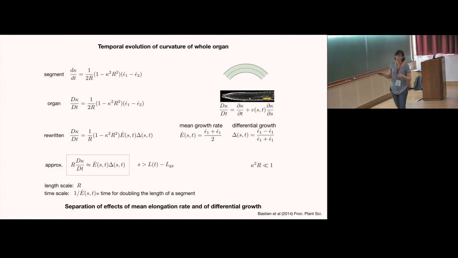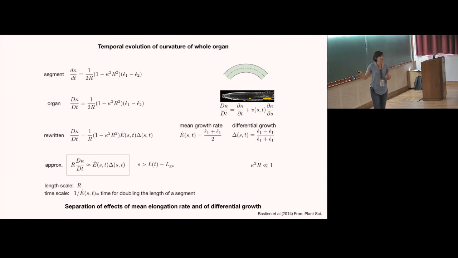So the differential growth rate tells me how different the growth rates are on the two sides. If there is no differential growth rate, so the two sides have exactly the same epsilon, it's 0, right? But the mean growth rate will be just epsilon 1, let's say, assuming this case.